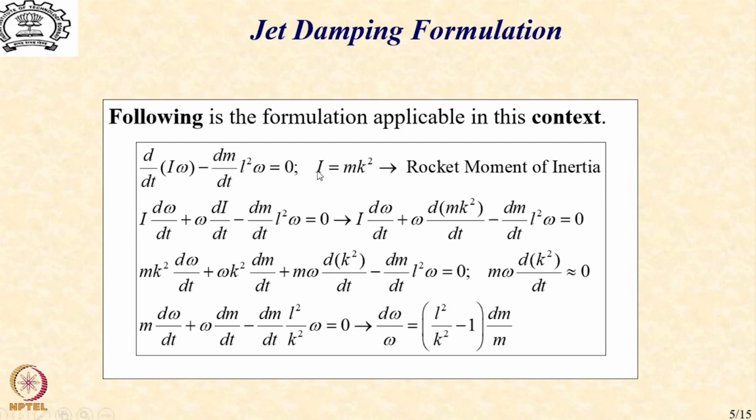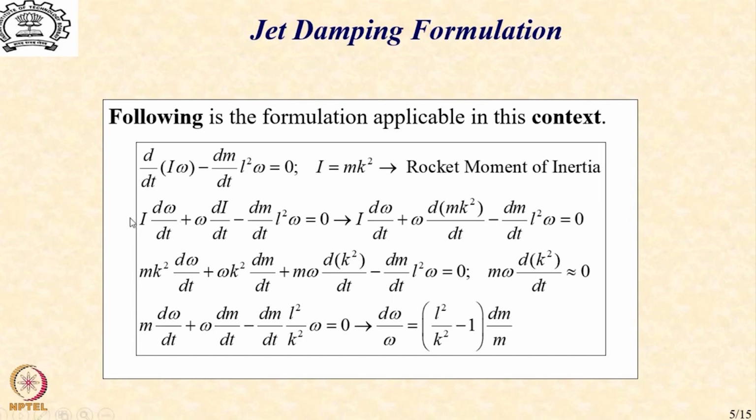Here we simplify the representation of the mass moment of inertia of the rocket by writing it as the total mass of the rocket into k square, where k is the standard radius of gyration.